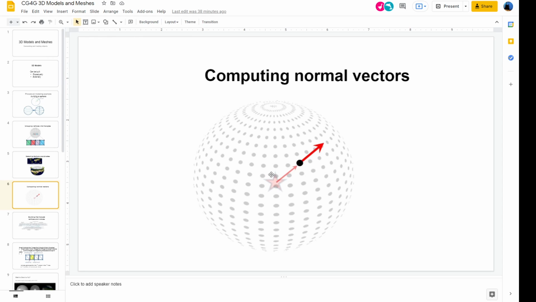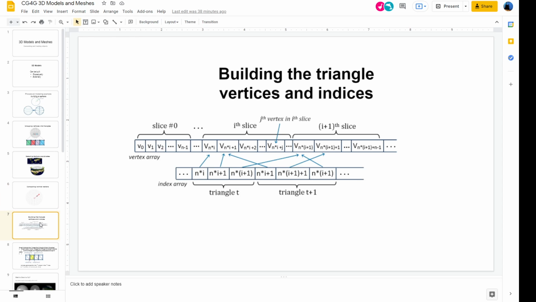If you're going to calculate a surface normal, then you do things like take the cross product of the actual edges of the polygon, for example. So, back to our sphere that we're creating.